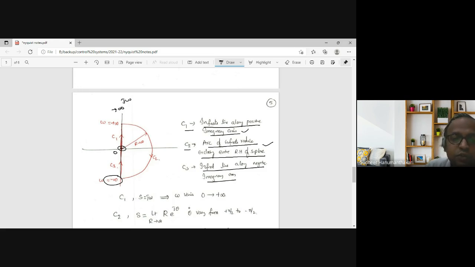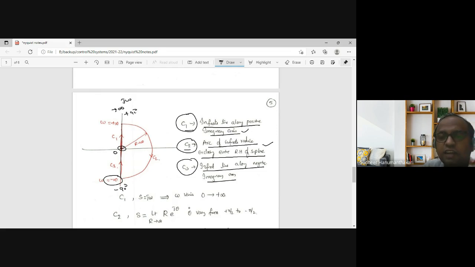So the contour consists of three different shapes, because I cannot mathematically explain all three shapes with one equation. So I am dividing it into three equations. C1 is a straight line passing from 0 to plus infinity. C2 is an arc with infinite radius, from plus 90 degrees to minus 90 degrees.